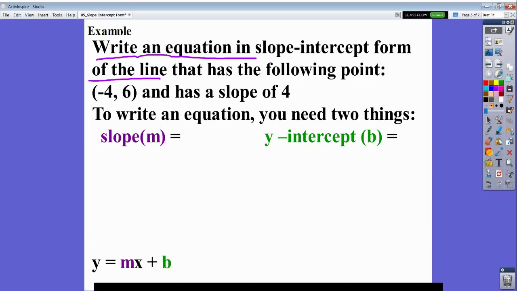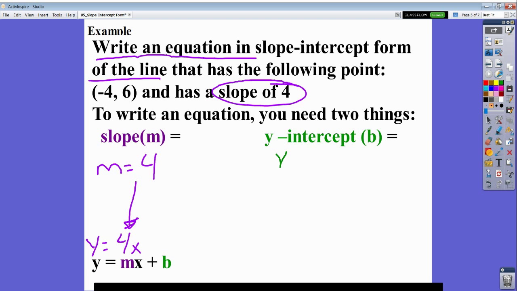In this problem, they tell us the m. We already know m is 4, which means quickly we're halfway done with the problem. I can plug that in for my m. Now all I need to do is find the y-intercept.